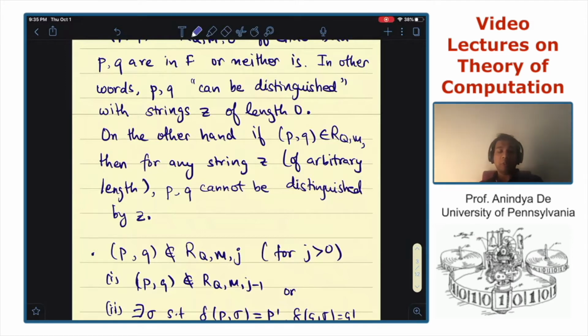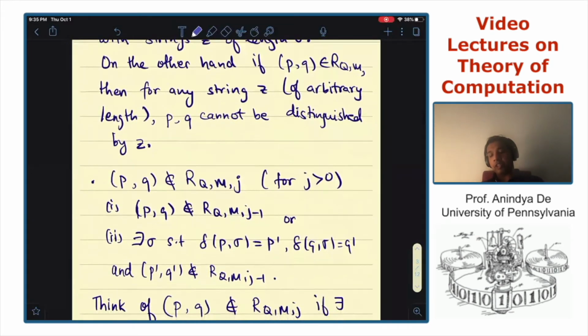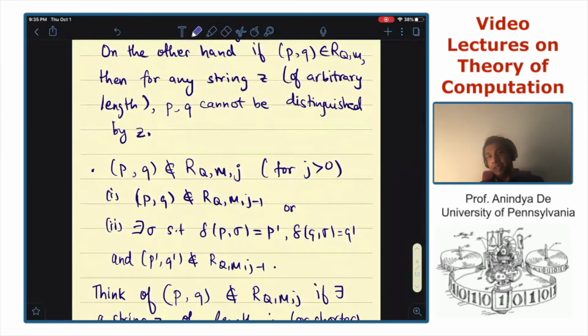So R_{Q,M,0} is about being distinguished by a string of length 0, while P, Q in R_{Q,M} means they cannot be distinguished by a string of any length. And now we arrive at the definition of R_{Q,M,j}, which interpolates between R_{Q,M,0} and R_{Q,M}.